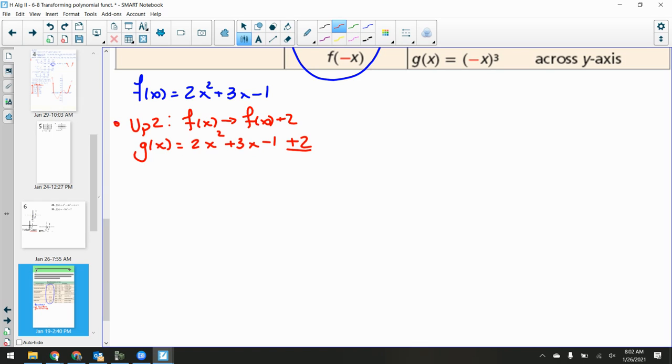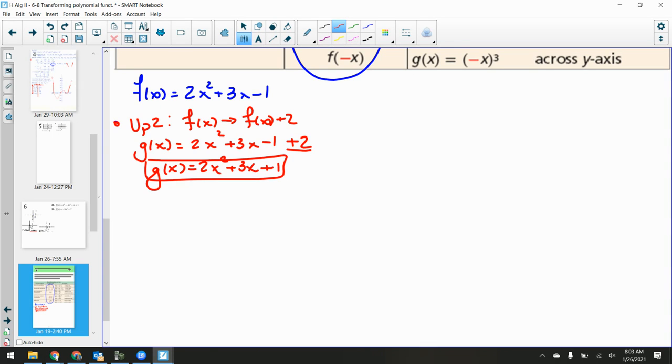You see that plus 2 sitting out there on the end? Just going up 2 units. So g of x would be 2x squared plus 3x, and instead of a minus 1, it'll turn into a plus 1.